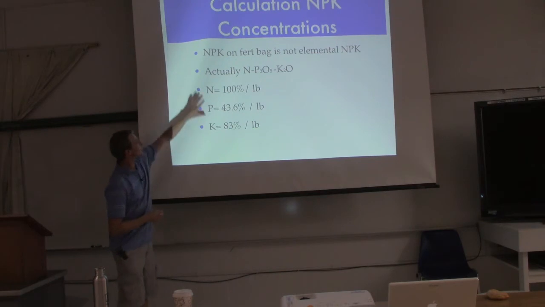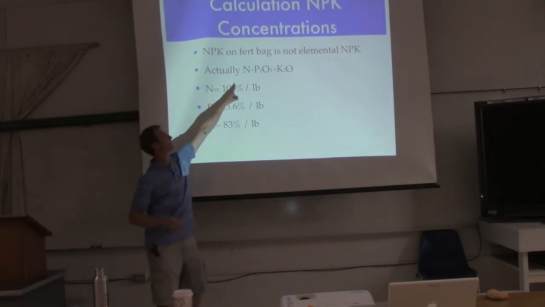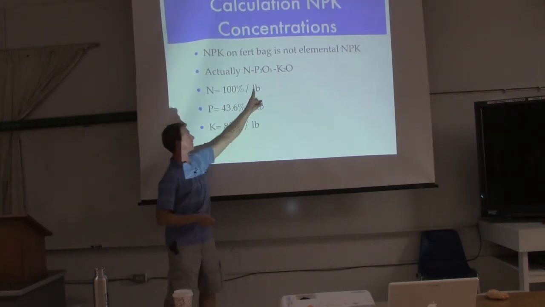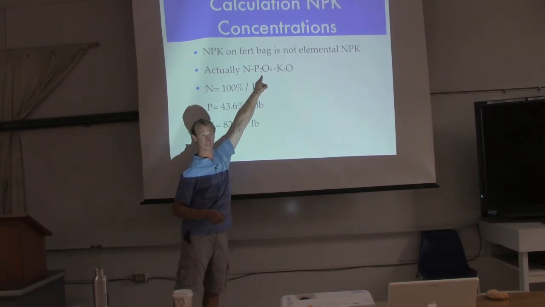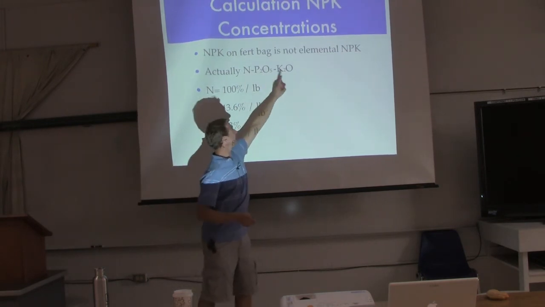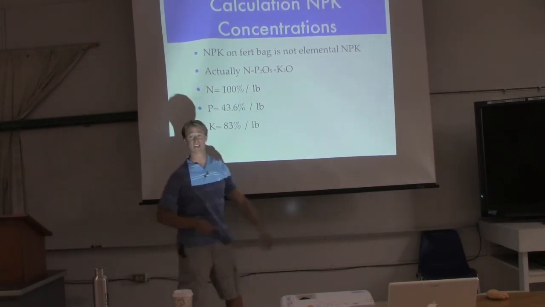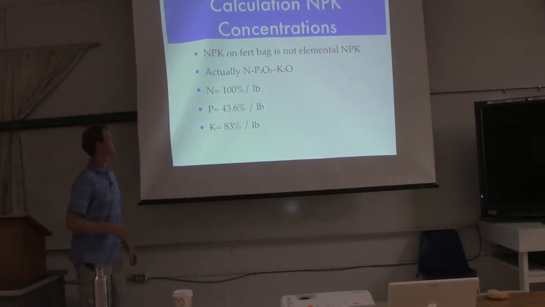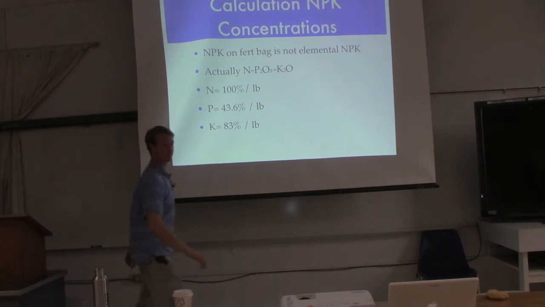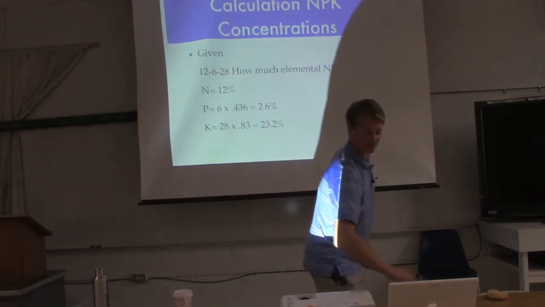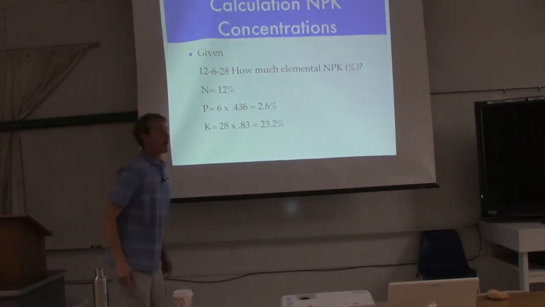All right. 100% available by this number. 43.6% of this is actual P. And 83% of this is K. Everybody understands that? Okay. We're getting there, guys. Almost done. All right.